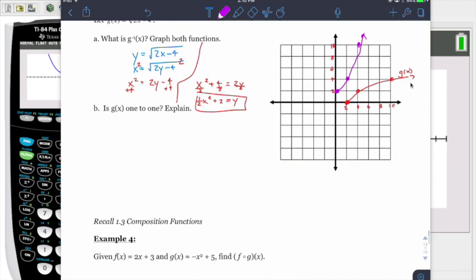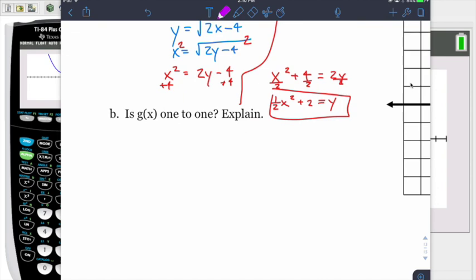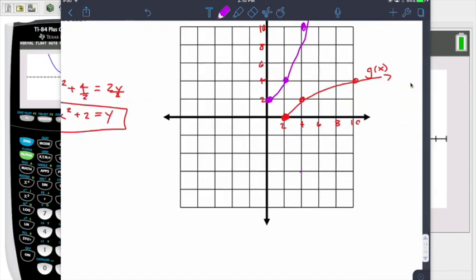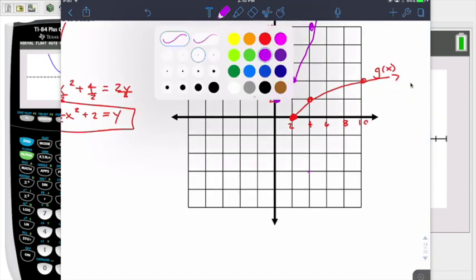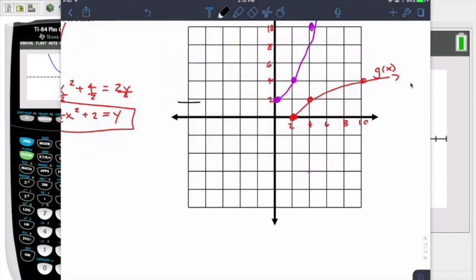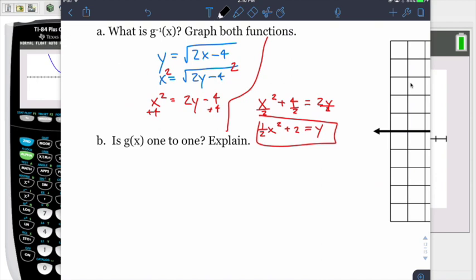Okay, and then what do we got here: is g(x) one-to-one? Explain. And the way I would explain that is, remember, horizontal line test. If I draw a horizontal line anywhere, is it going to cross twice? It does not.